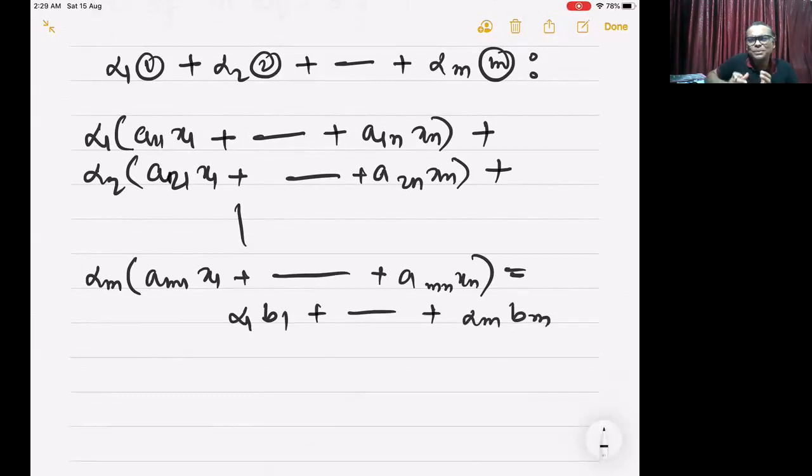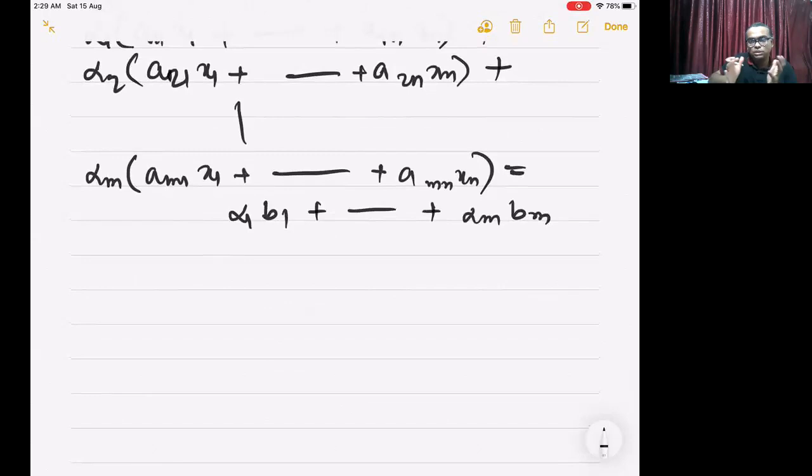Now I do a little reshuffling, a little juggling of these numbers, and I can write something which looks really sophisticated.